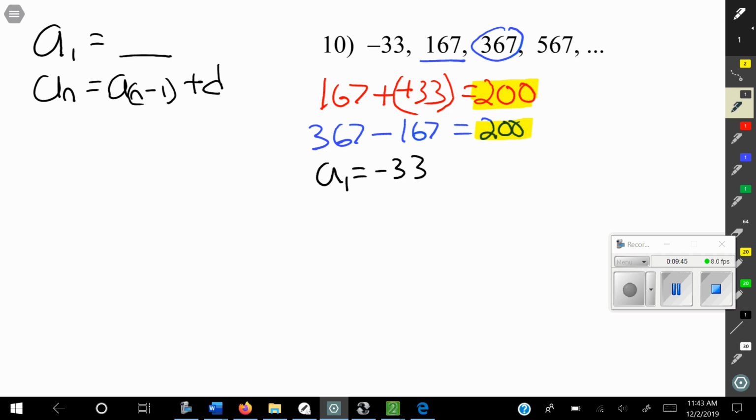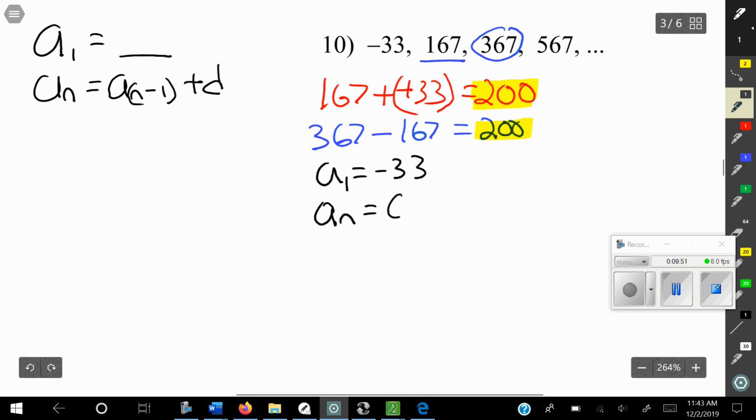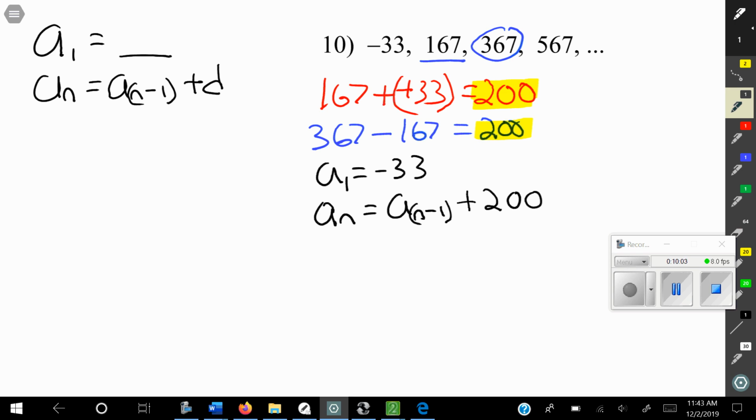And then write our formula. A sub n is equal to a sub n minus 1, which again, all that means is the previous term, plus the common difference, which is 200. And if I want to do the next three terms, all I have to do is add 200 to the one before.